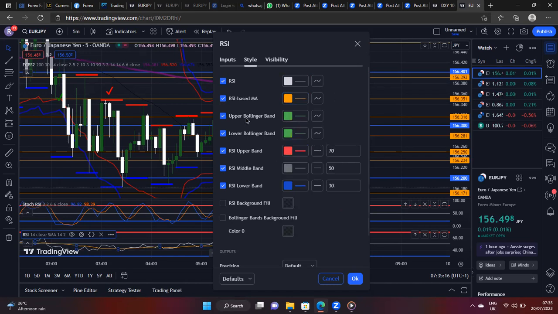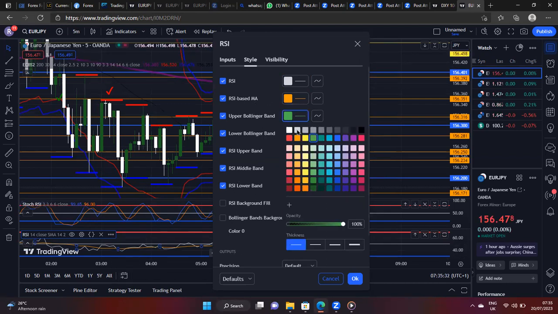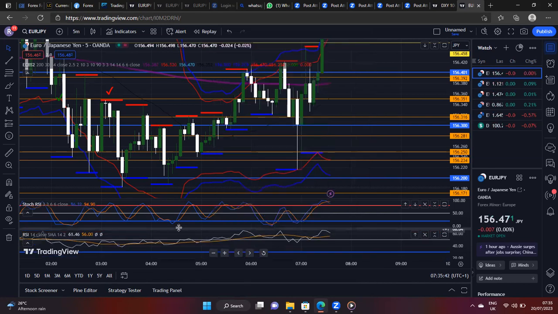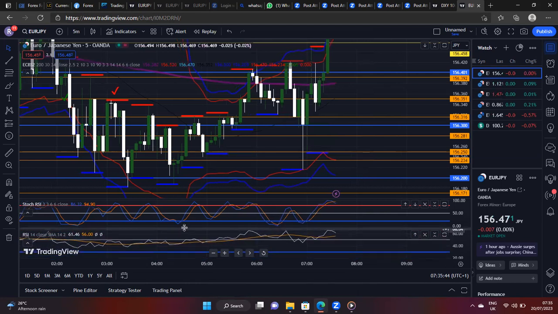Okay, so the next is the upper Bollinger Band. This is the upper Bollinger Band. You want to make that whichever color you feel like is fine for you, and have that stripped out.